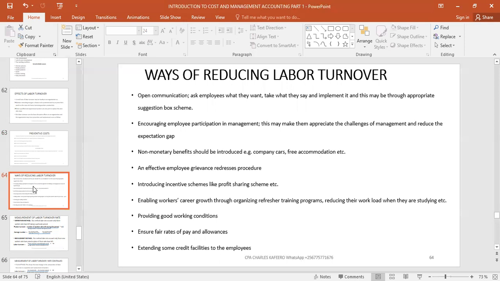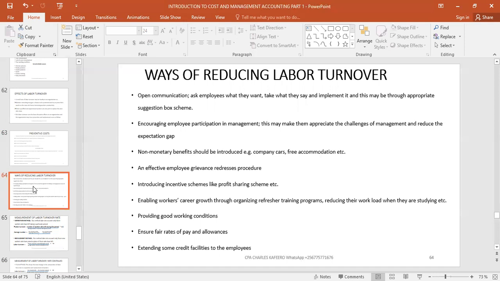The first one, we can talk about open communication, whereby you ask the employees what they want before they leave the organization. You sit with them, you discuss what they want, and you may be having a solution to their problems.